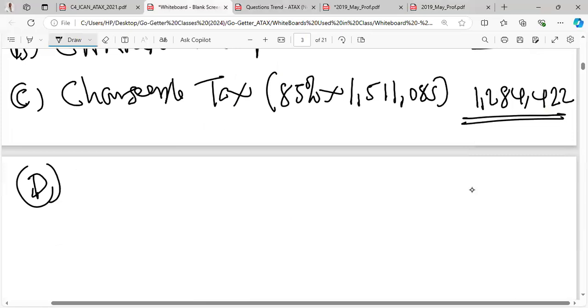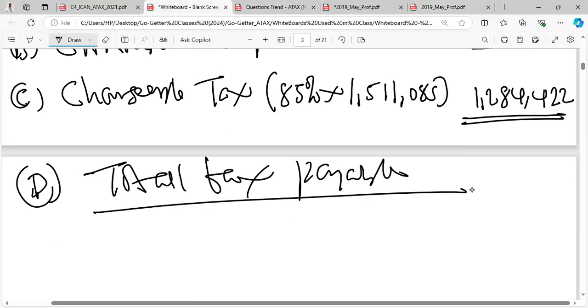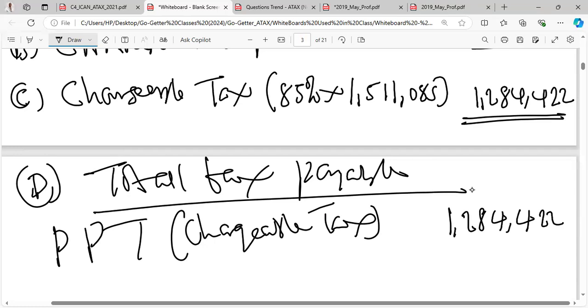Now your chargeable tax is this. Your total tax payable: you're going to be paying PPT, which is your chargeable tax, which is 1,284,422.